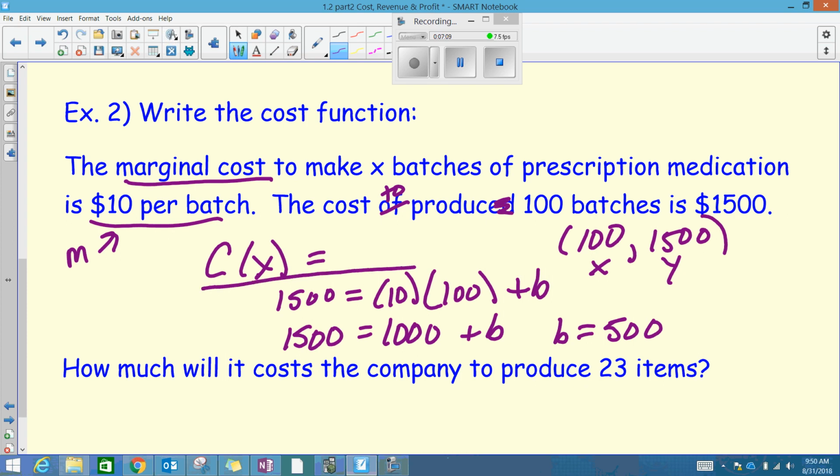So our cost function, now we know our M is 10, 10X plus our B, 500. So we have our cost function for prescription medication.